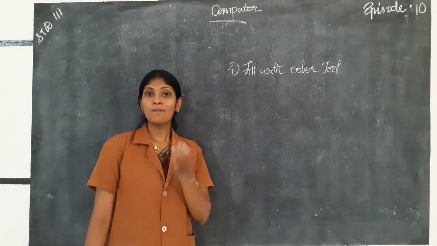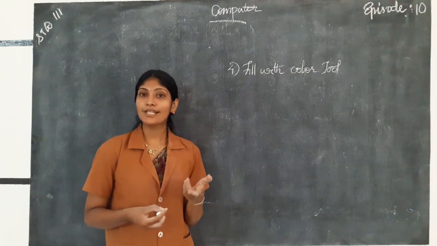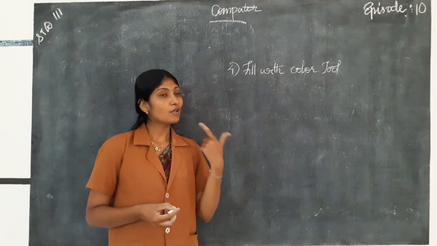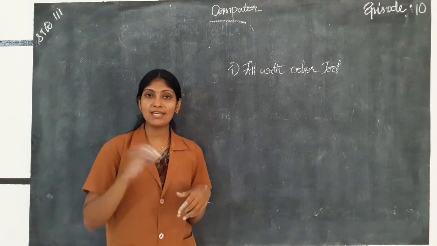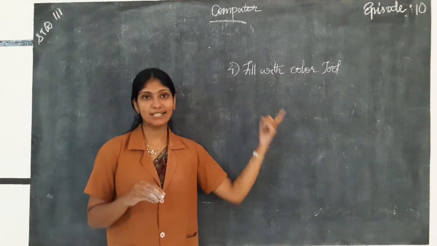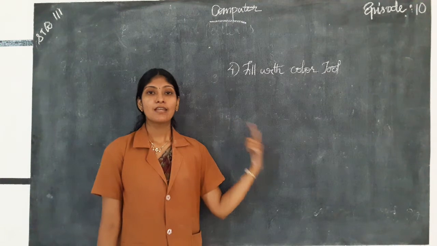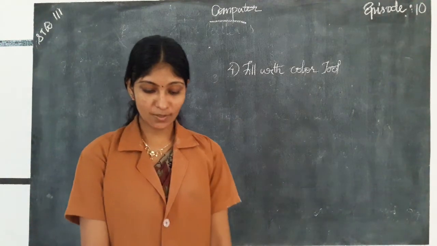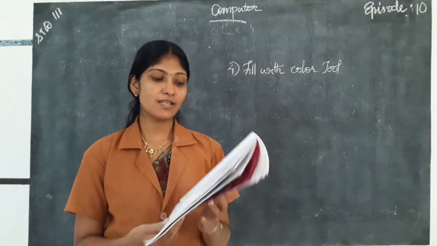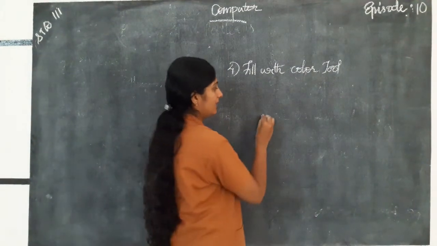How? If you want to first just draw the picture and then you want to fill that picture, you want to fill the color in that picture, you want to paint the picture by using fill color. So let's see how to fill the color using fill with the color tool. So here look at the picture. This is the picture of a flower.